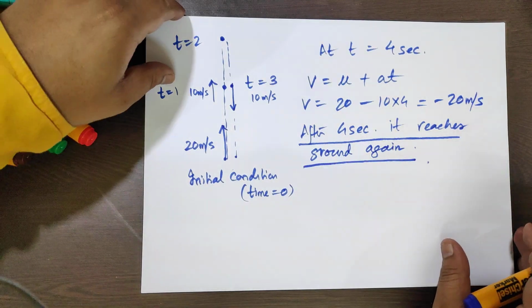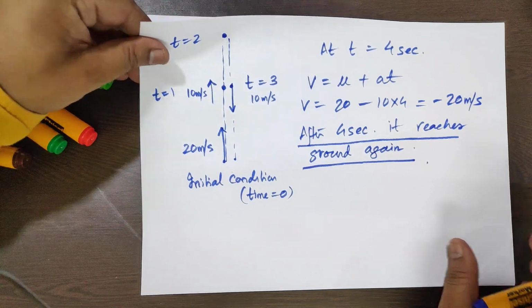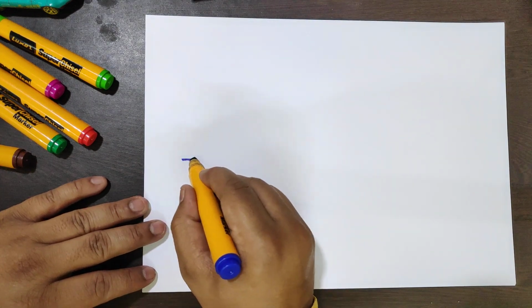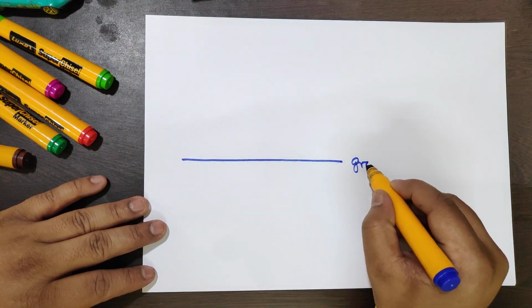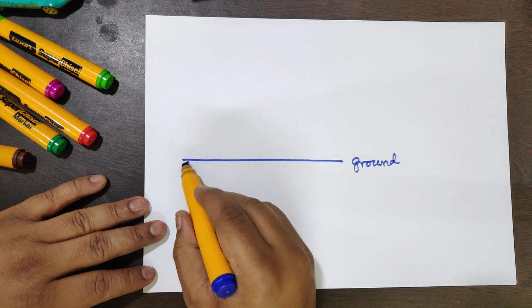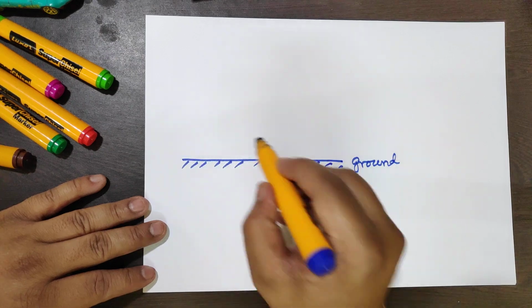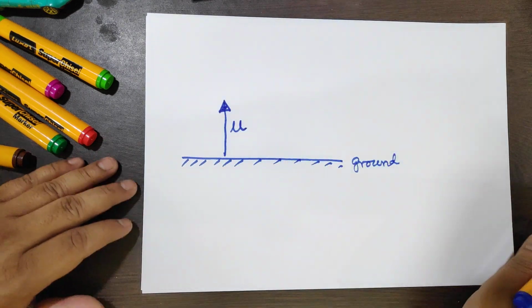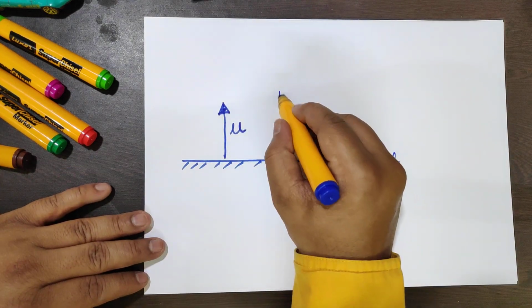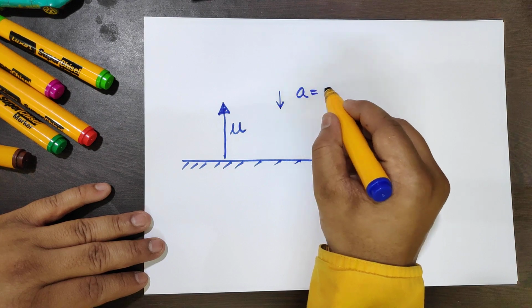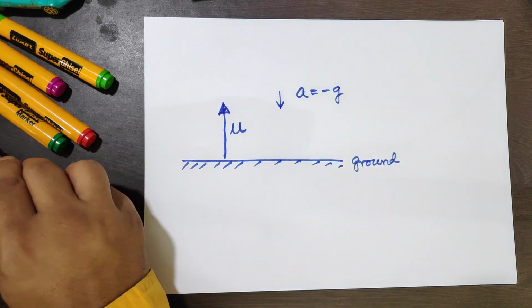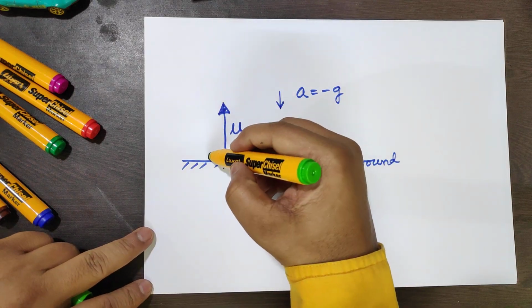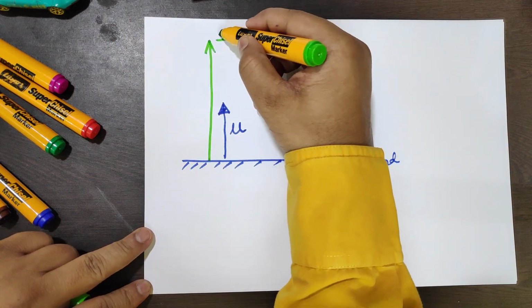So we can have a general formula of this, that suppose that's ground, and a particle is thrown up with a speed u, and obviously this a is equal to minus g, right? Okay, why minus? Obviously because of my chosen direction. The chosen direction is upward, positive.